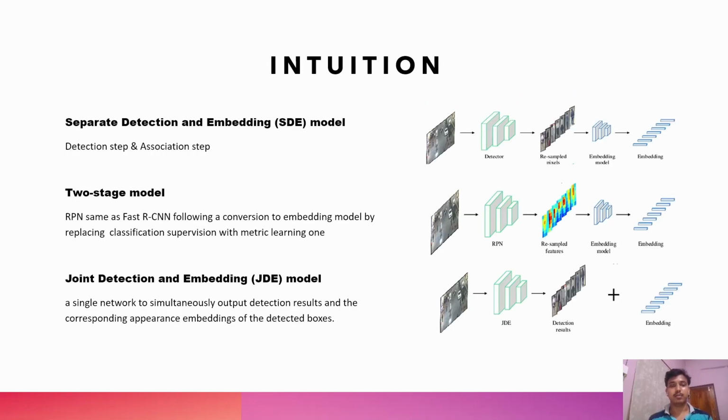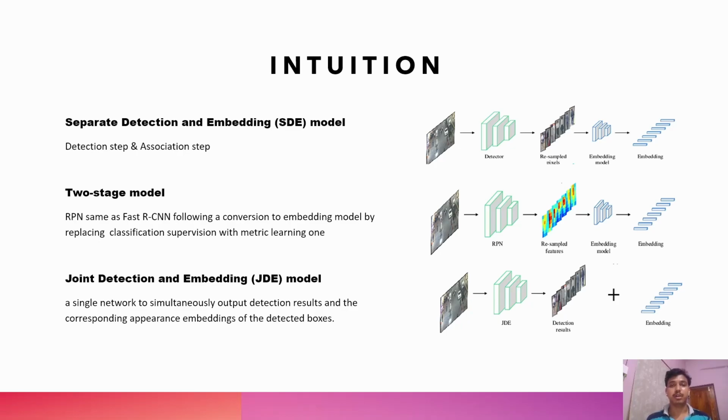So getting into this, let's get the intuition, or the motivation, behind this. The conventional detection and embedding model, that is the separate detection and embedding model, comprises two steps: the detection step and the association step. The detection step involves the localization of the targets, while the association step connects the targets to existing trajectories.